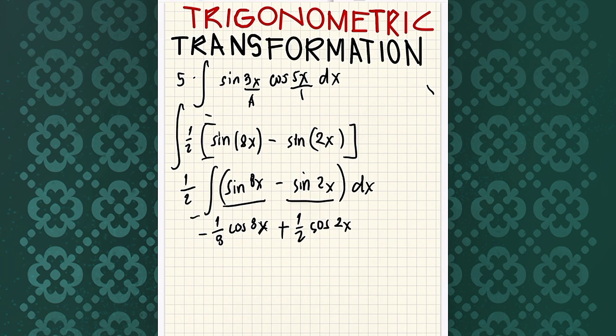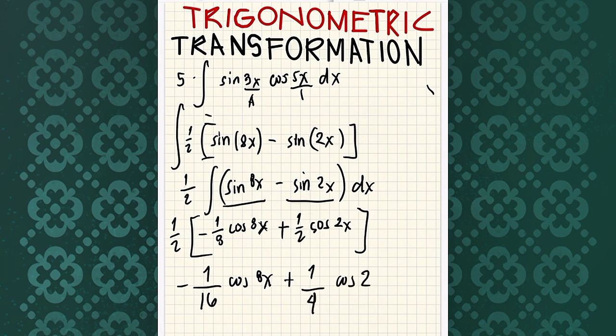So there's a 1/2. So substitute this 1/2 for this expression. So 1/2 times negative 1/8 can give the answer of negative 1/16 cos 8x. So 1/2 multiplied by 1/2 is equal to 1/4 cos 2x plus c. So this is now our final answer.